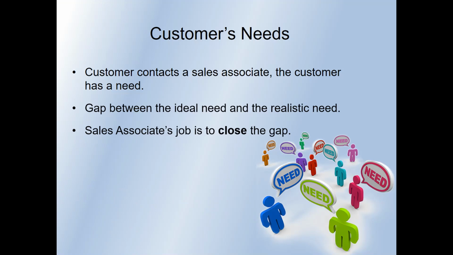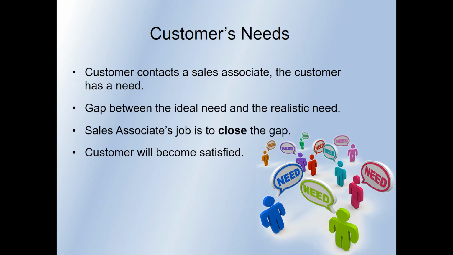Customers' needs. When a customer contacts a sales associate, the customer certainly has a need. There is a gap between the ideal need and the realistic need. The ideal need is always the customer that comes into the store looking for something specific and general, and the associate has to make it more realistic and point the customer in the right direction.